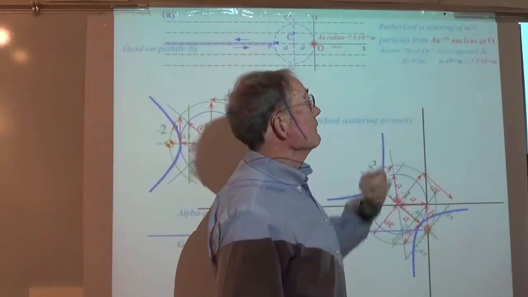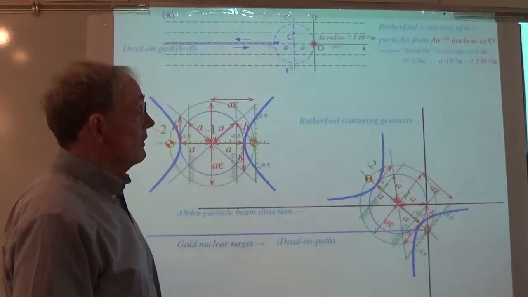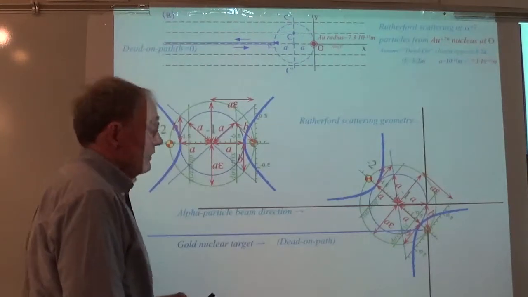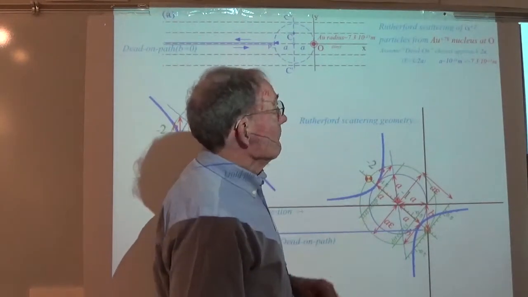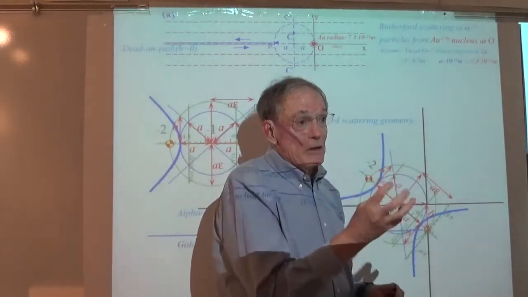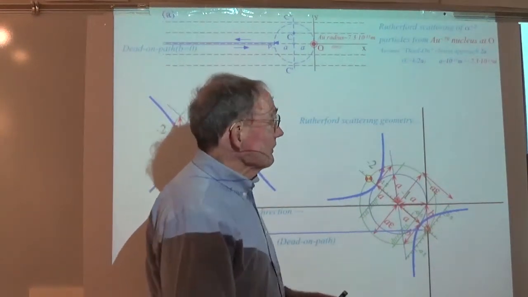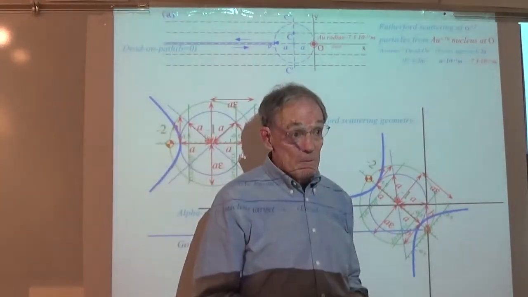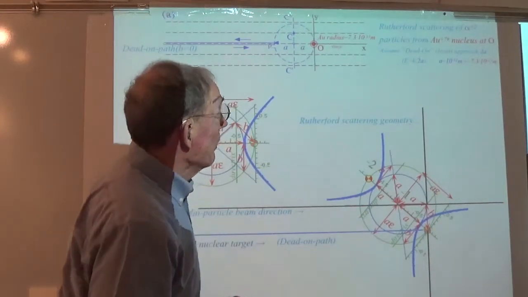How close did he really get to touching the nucleus is a question I'm going to ask. But the answer is more academic than anything at this point for him, because people thought that the positive charge was just as big a ball as the negative charge, and he showed that it was at least 1,000 or more times smaller. And of course we now know it's 100,000 times smaller.